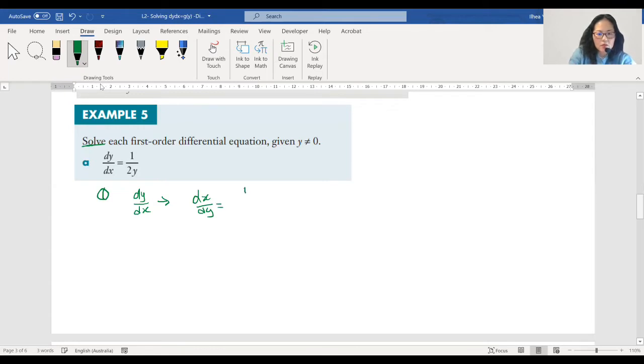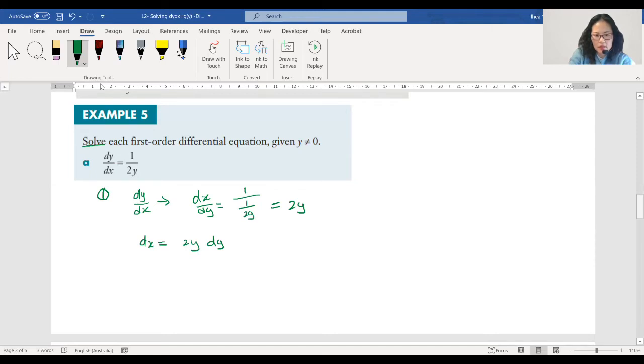So now it'll be 1 over 1 over 2y, because I'm just flipping it, which is the same as 2y. Okay? So that's what happened at this point. And now, therefore dx equals 2y dy. Now I want that to be x equals, so I'm going to integrate.